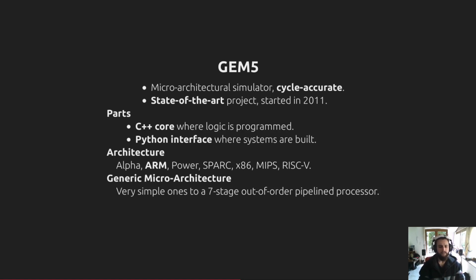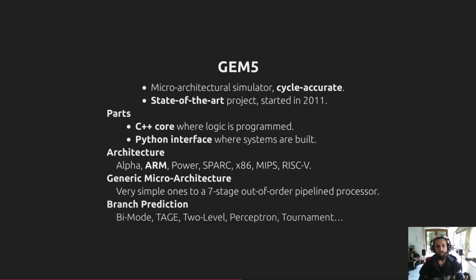But we have to understand that there is no specific model for one specific microarchitecture, or at least it's very rare. So we have to focus on specific elements in the microarchitecture that we want to reproduce and plug them into more generic models. There are also a lot of different branch prediction algorithms implemented in gem5, and we will talk about them later.